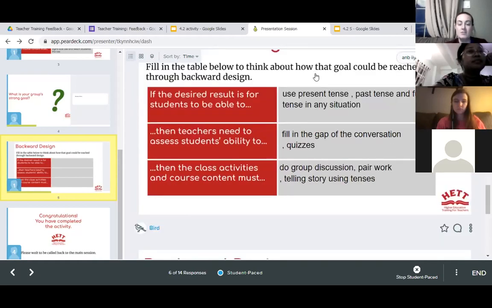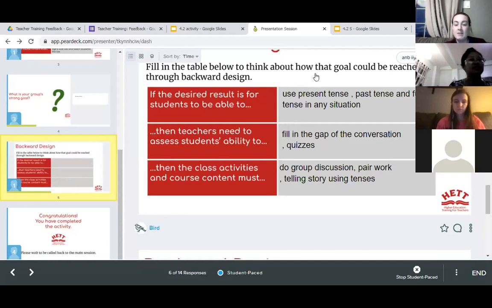The desired result is for students to be able to use present tense, past tense, and future tense in any situation. Any situation might be a little bit too broad, but in everyday situations, then teachers need to assess students' ability to fill in the gap, the conversation, quizzes. I think that might fall more under activities, because quizzes and the gaps might fall a bit more under activities.